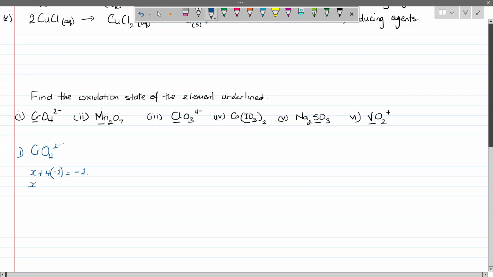So X plus 4 by -2 gives us -8. So X is equal to -2 plus 8. X is equal to +6. So the chromium has a +6 charge.